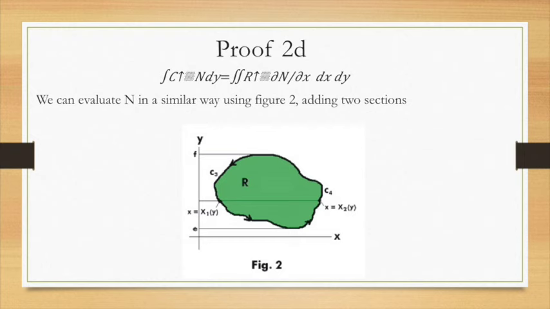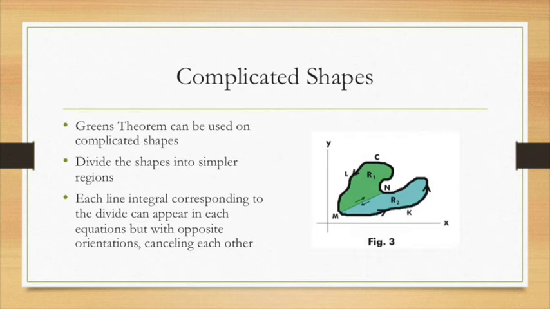And we can evaluate N in a similar way that we did for M, adding the two sections together. For more complicated shapes, which would cause more complicated functions, we can break the shape in two to give us two completely different functions.